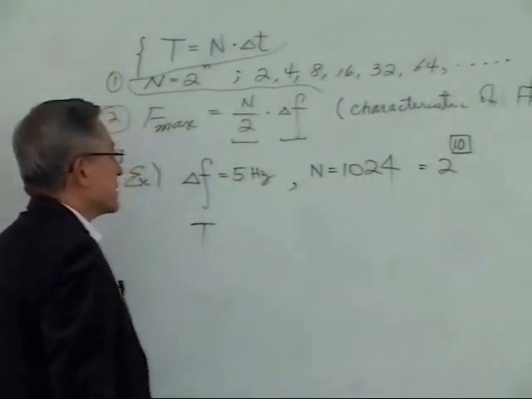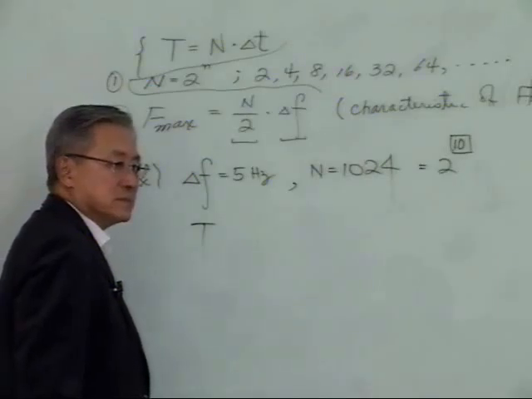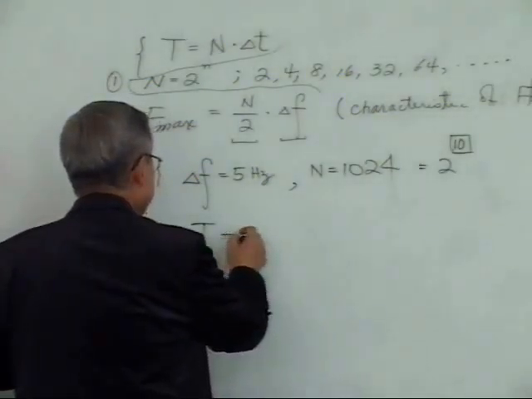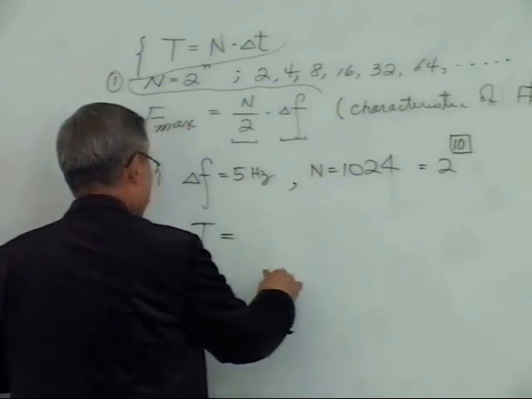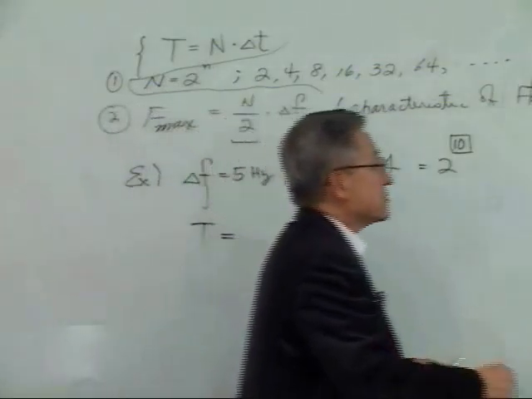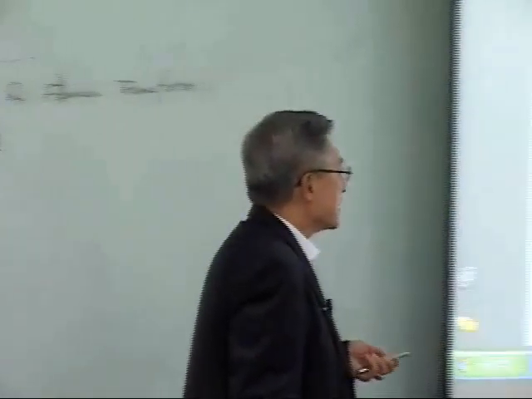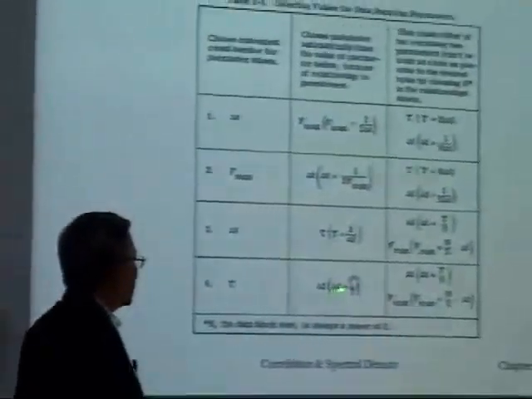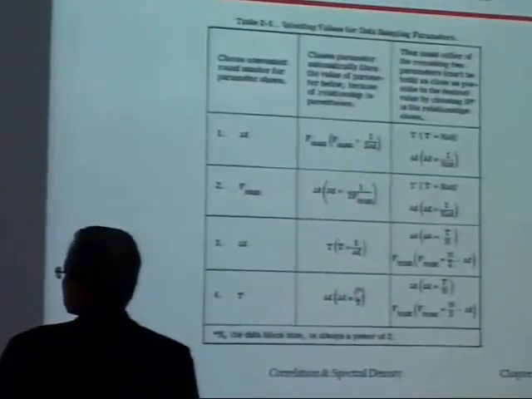So what's the total time? What's the equation for total time? It's given as 1 over delta F. So total time, let's take a look at it. Total time is available. What else is available?